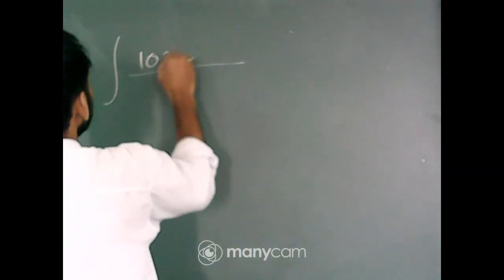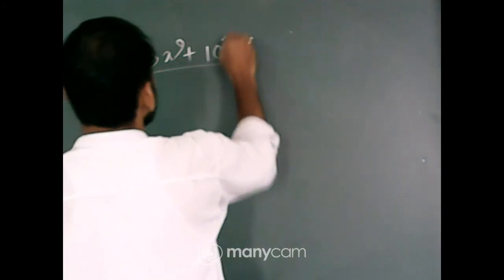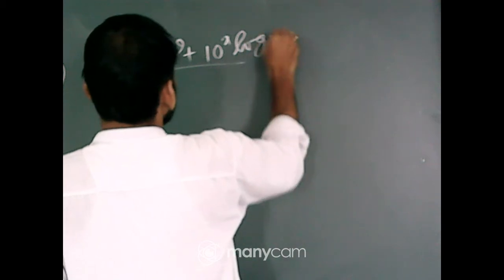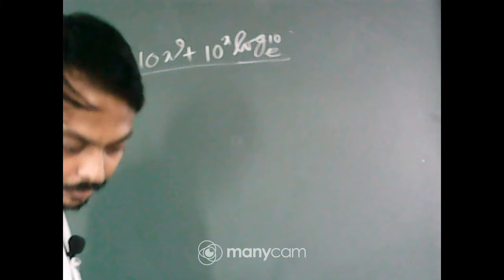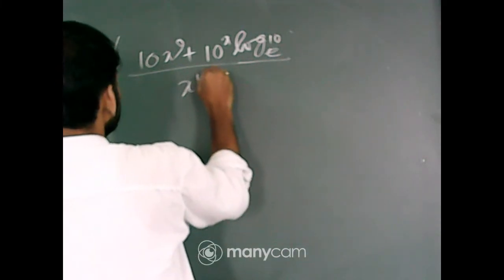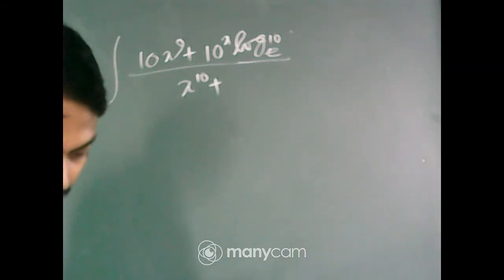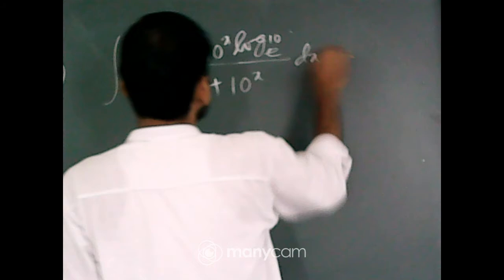38. Integration, in the numerator 10 x to the power 9 plus 10 to the power x log 10 base e, by x to the power 10 plus 10 to the power x dx.